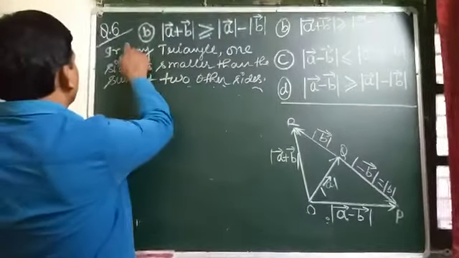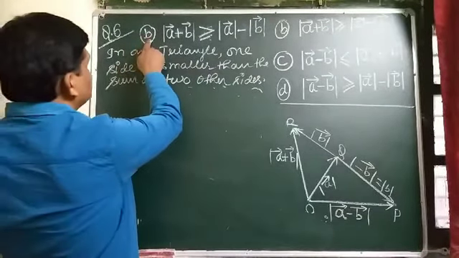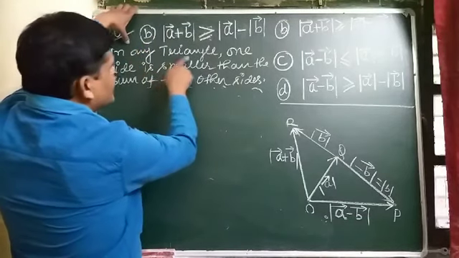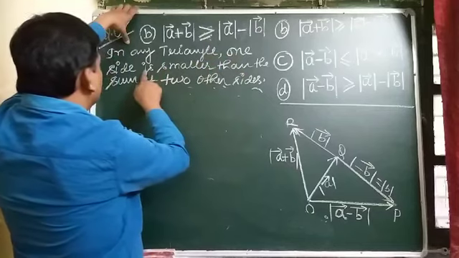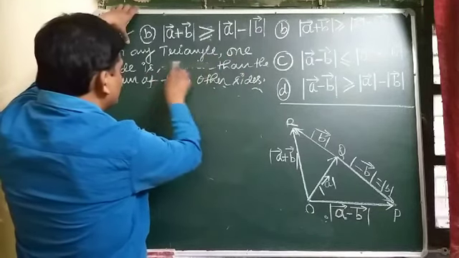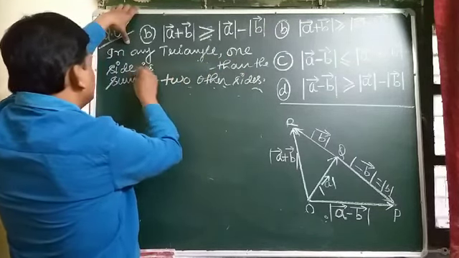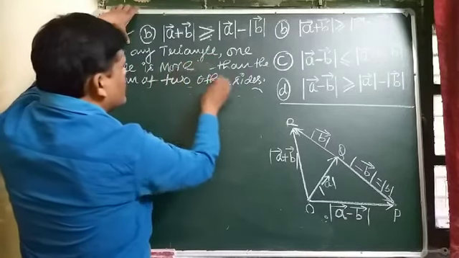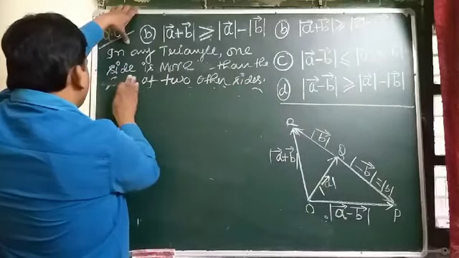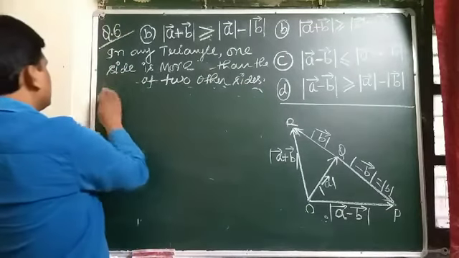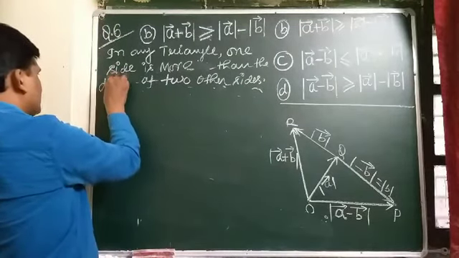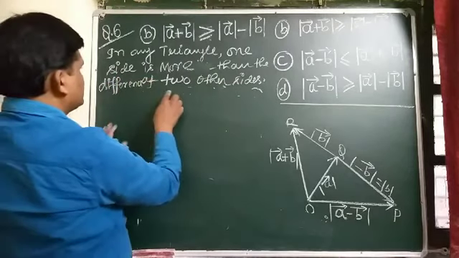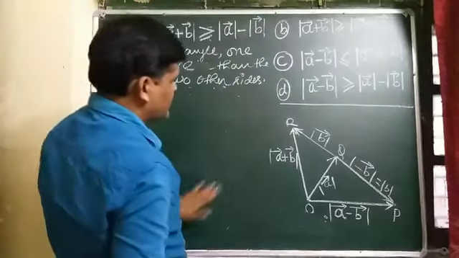So for the proof of the second part, the B part, we use the property of triangle: in any triangle, one side is more than the difference of the two other sides.